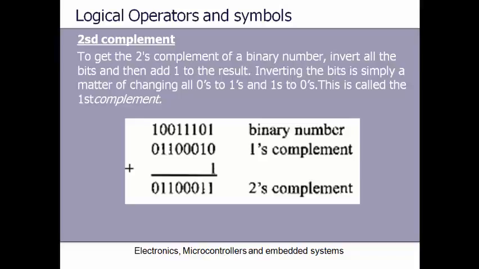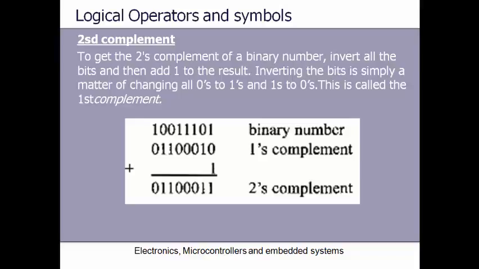You only need to invert the sequence, as the example shows here. Ones become zeros and zeros become ones, and what you will find is called the first complement. And to find the second complement, you just need to add 1 to the result of the first complement.